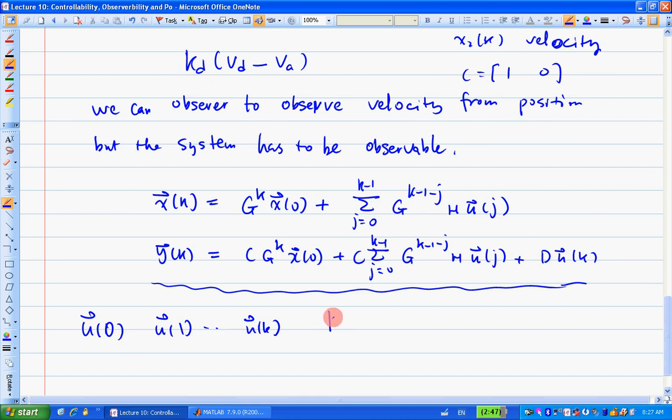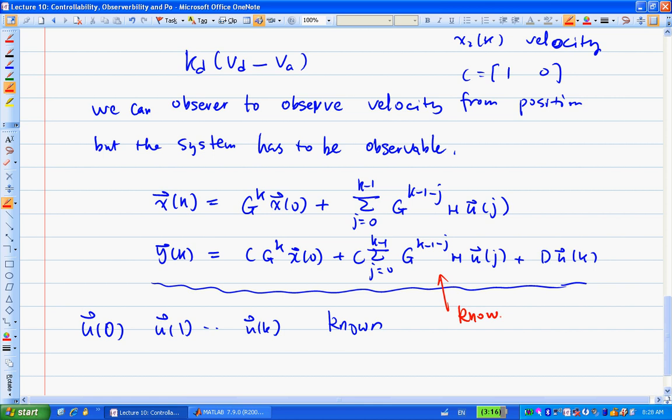This is known. If you look at this term, everything is about u, and everything is about G and H. So this term is known. If you have the control input to the system, you have the value of all of this, so you do know all of this.